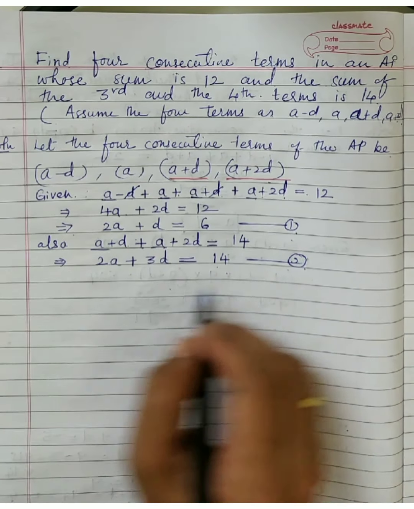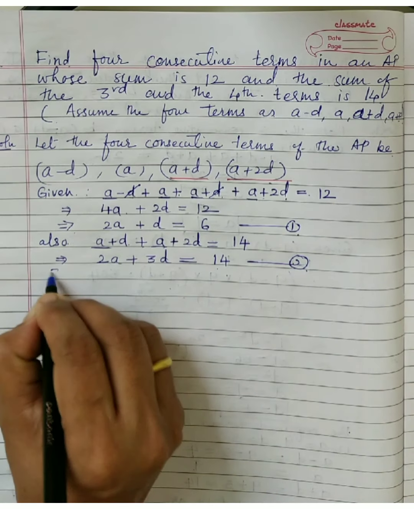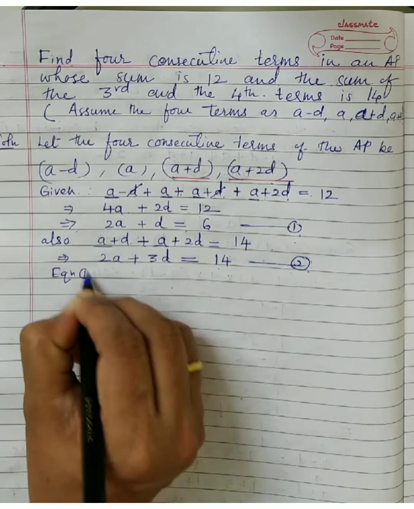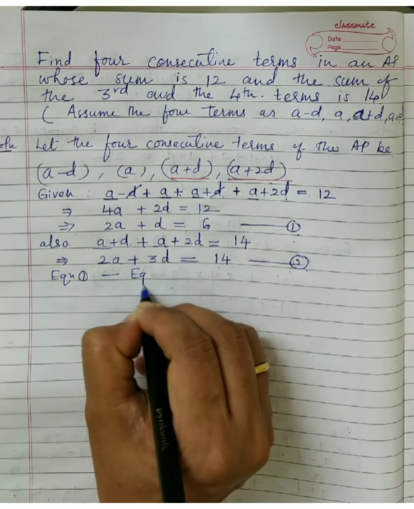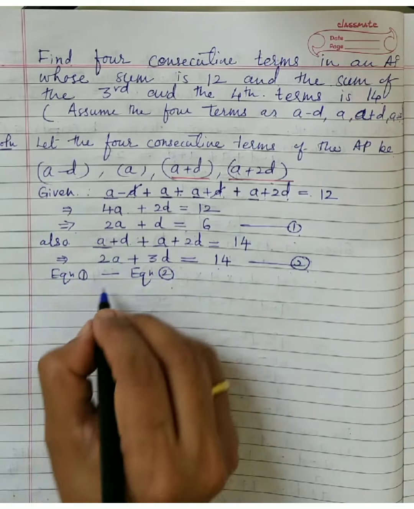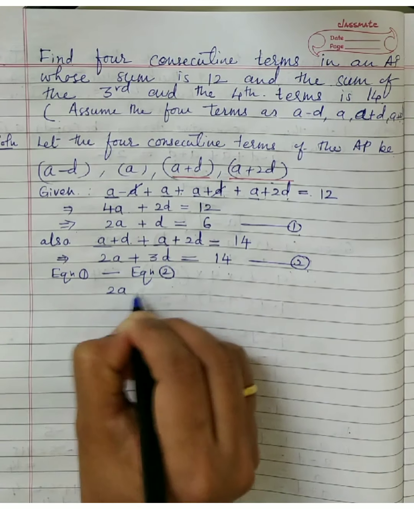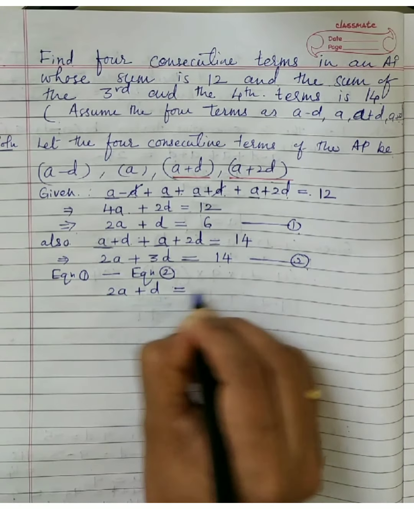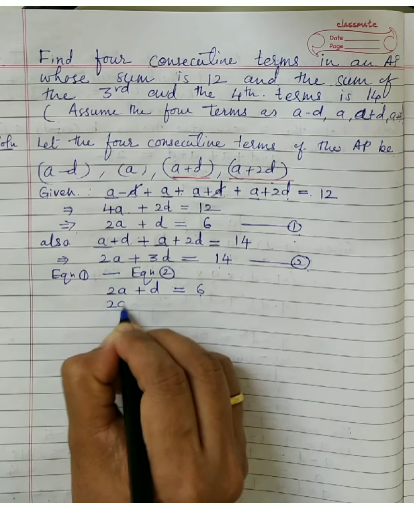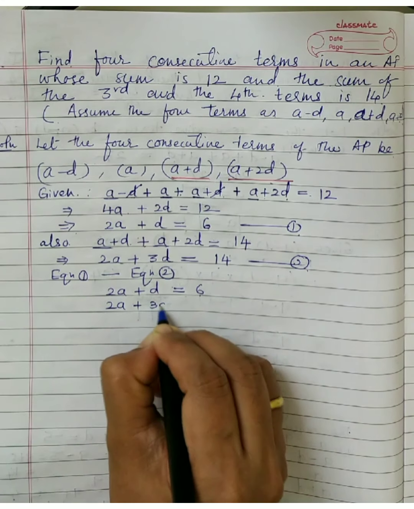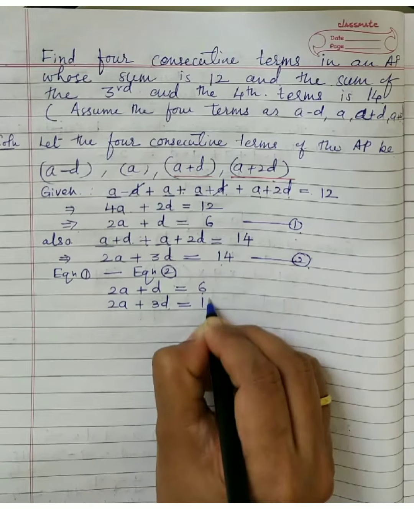Now equation 1 minus 2, 2 minus 1, any way you can do. I will do equation 1 minus equation 2. Simultaneously, come on, start solving yourself. 2a plus d is 6. Below that write 2a plus 3d is equal to 14.